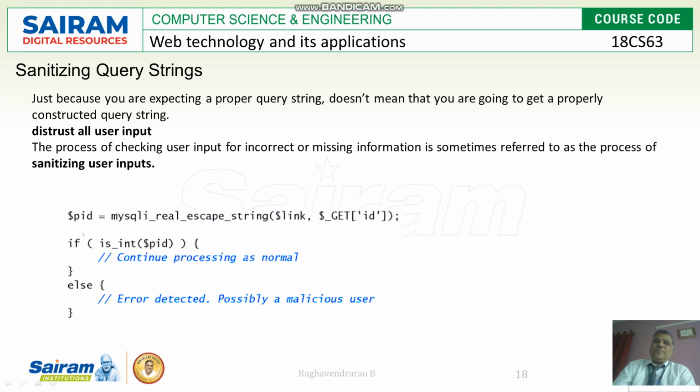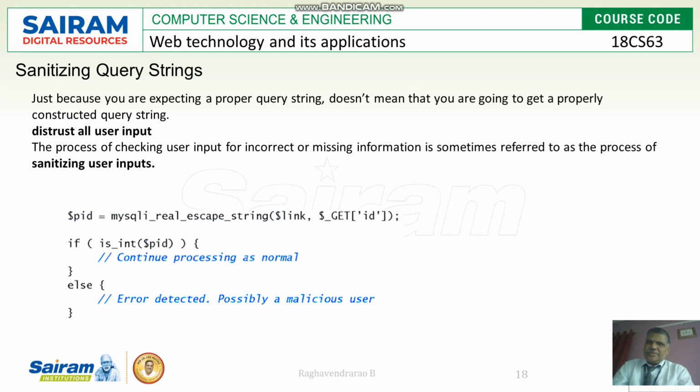Here is an example: $pid equals mysqli_real_escape_string. The link is there, and you fetch the ID from $_GET['id']. You check whether it matches and whether it is set, using is_integer on $pid.